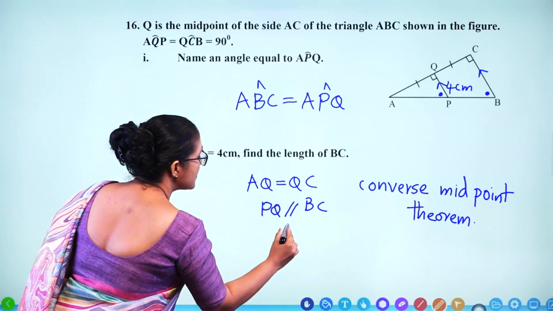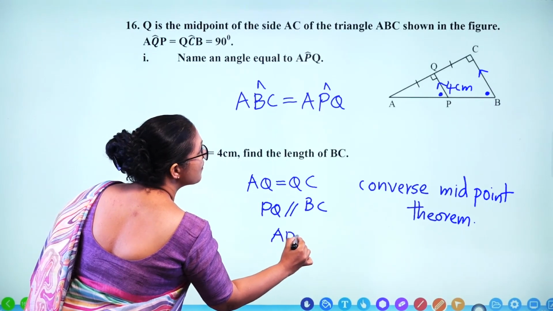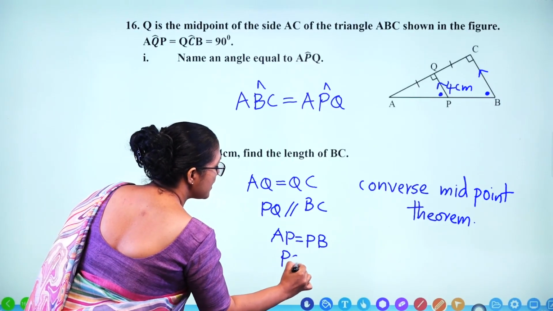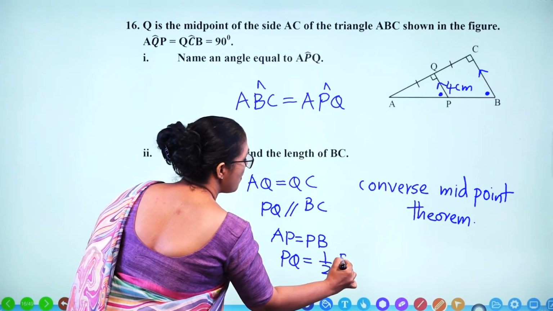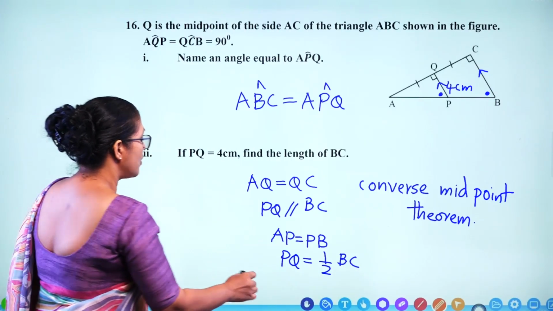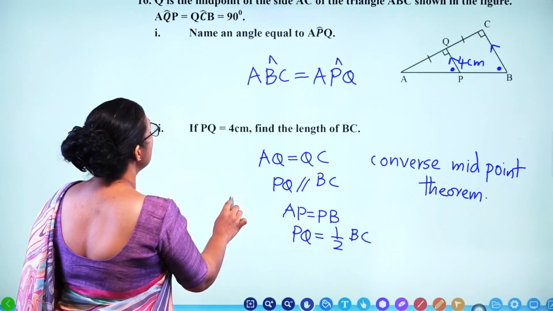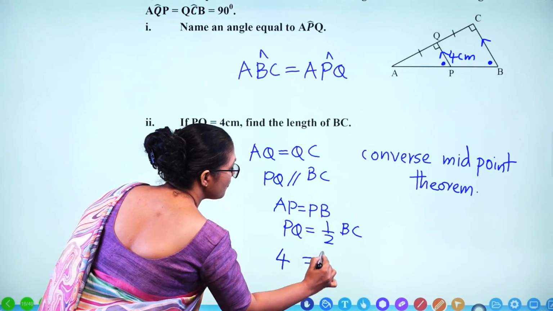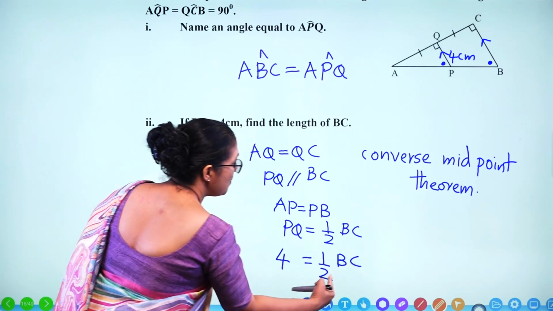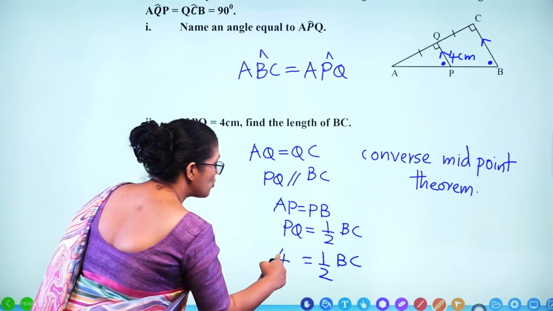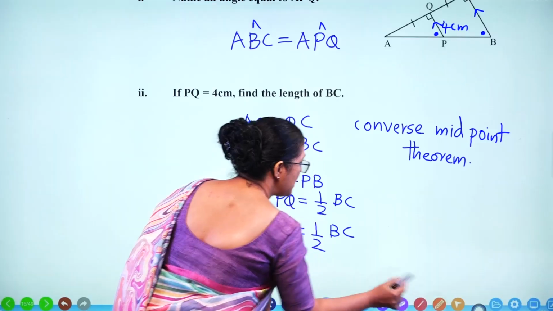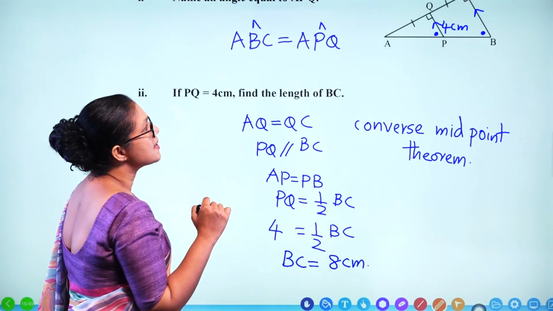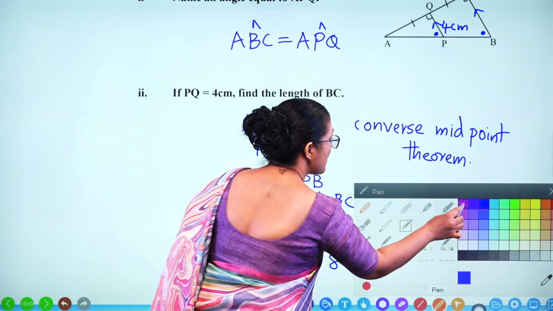Midpoint theorem, we can say AP is equal to PB, as well as PQ length is half of BC, according to the converse midpoint theorem. Then if you know PQ is 4 centimeters, what's BC? Length BC, you have to multiply this by 2. 2 times 4, 8 centimeters. So BC becomes double of that, 8 centimeters. So you get 2 marks there.